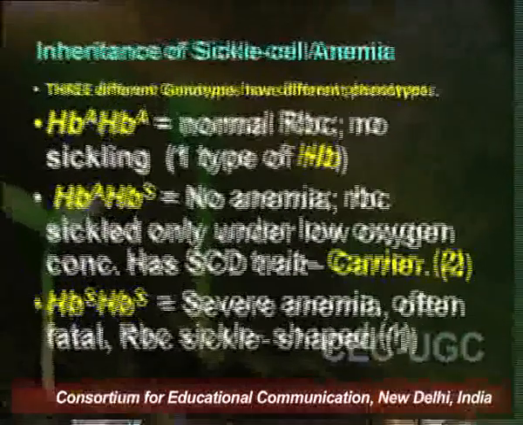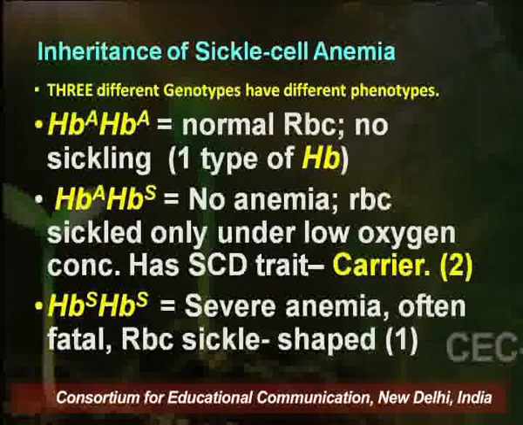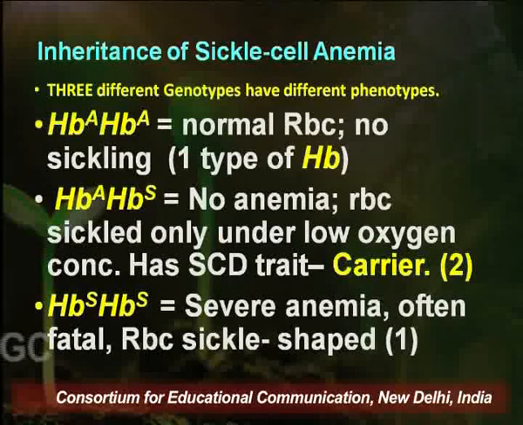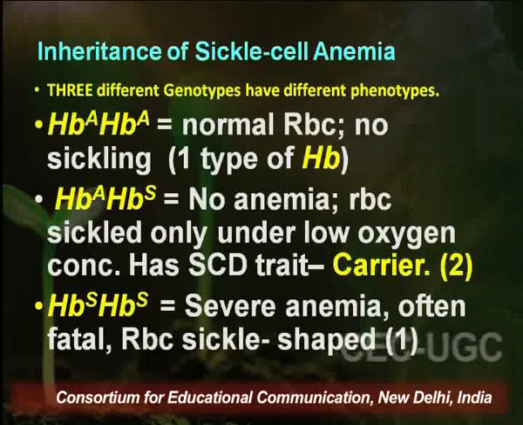But the important point here is that whenever we are going to have, say, gene therapy, one has to look for which aspects of these genes are active at which stage of human development. So coming to the genetics once again, we have three genotypes with different phenotypes. HbA HbA is normal RBC, no sickling at all.